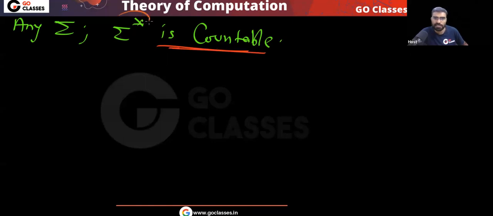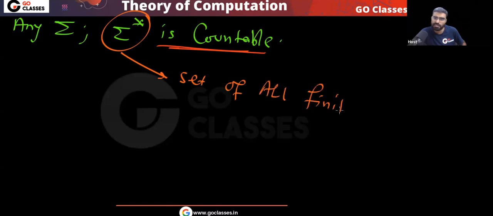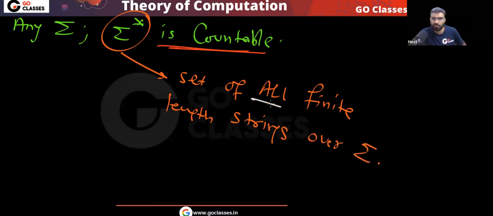Remember, sigma star is the set of all finite length strings over sigma. Now prove that this is countable.